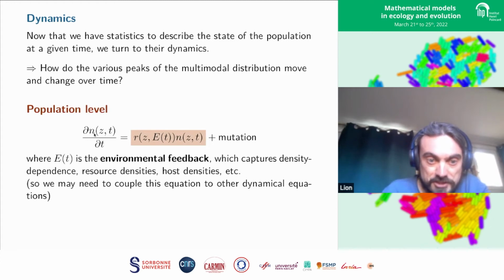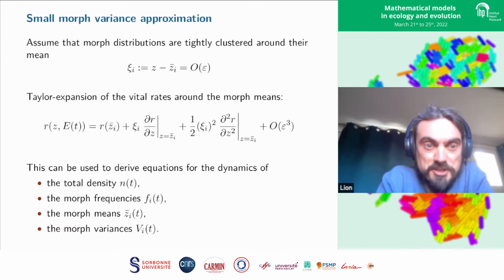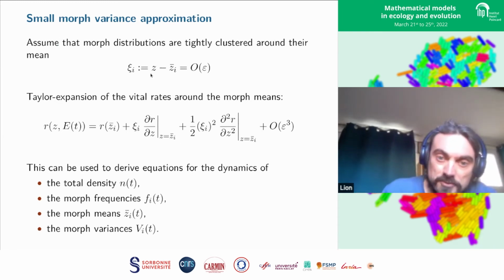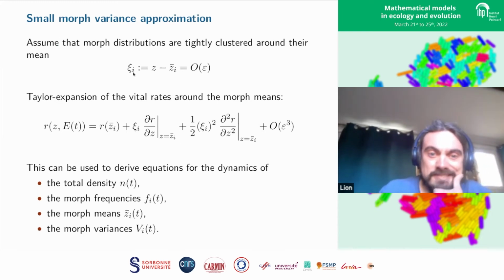And of course, this equation may need to be coupled to some other equation, like I said, the density of resource or susceptible host or anything. So let's do this small morph variance approximation. I assume that the morph distributions are tightly clustered around the mean, so that we have narrow peaks in our distribution, and we define this xi quantity as z minus z bar I, the deviation compared to the morph mean, and we assume that its size is order epsilon, where epsilon is a small parameter.